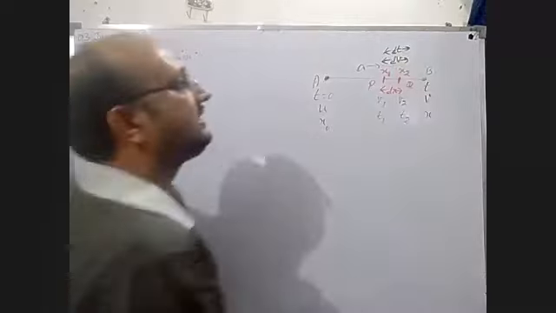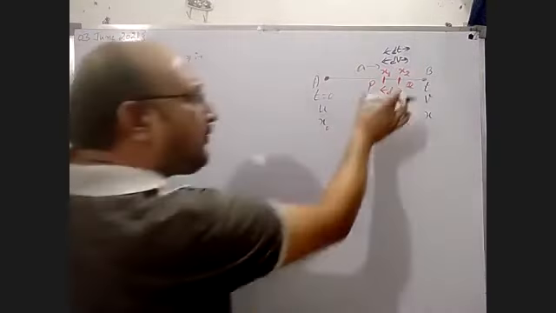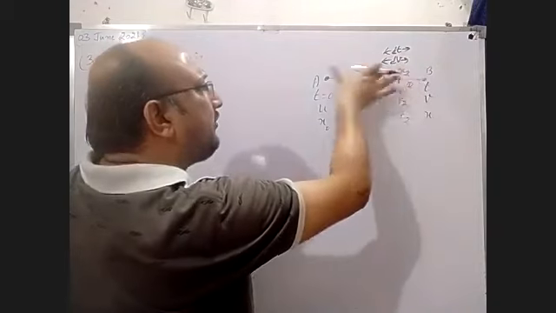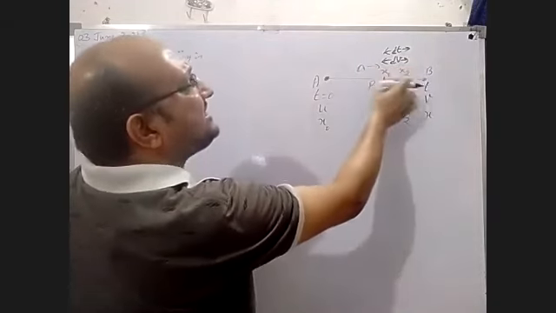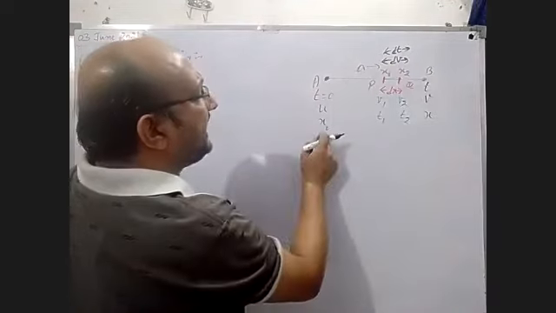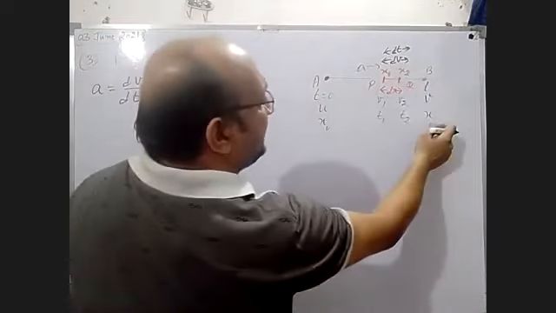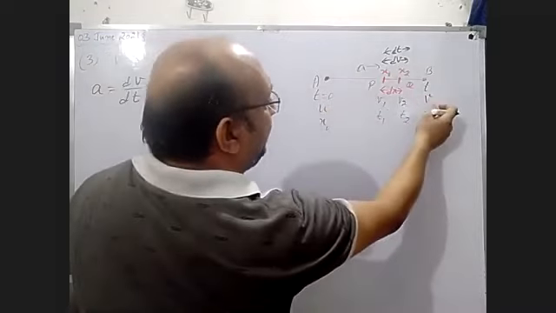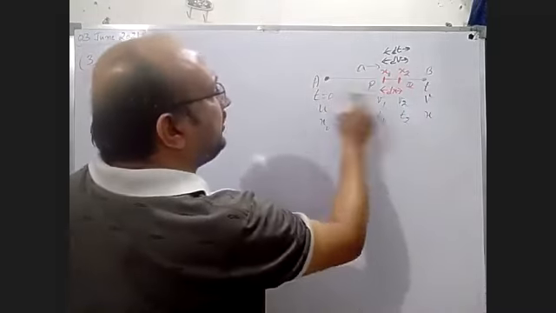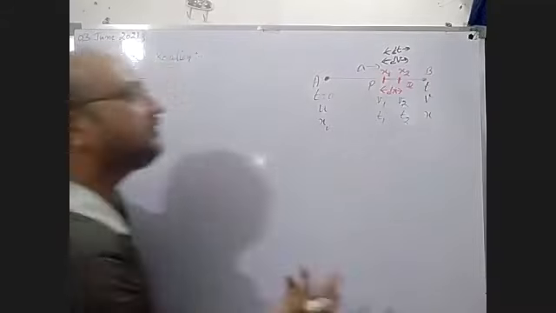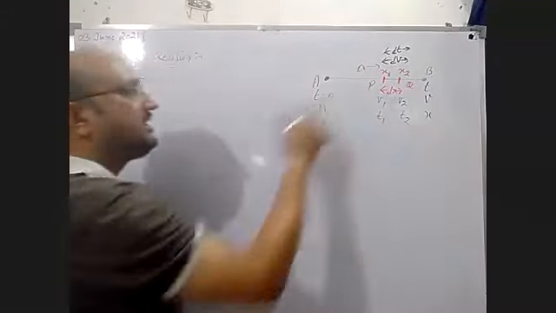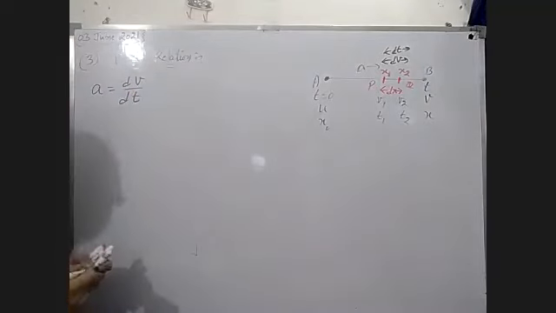This is dt. But if you want to take the value not for PQ but for AB, then change these limits: x1 as x0, x2 as x, v1 for u, v2 for v, t1 for 0, t2 for t. Then you can take it for AB. Now cross multiply?